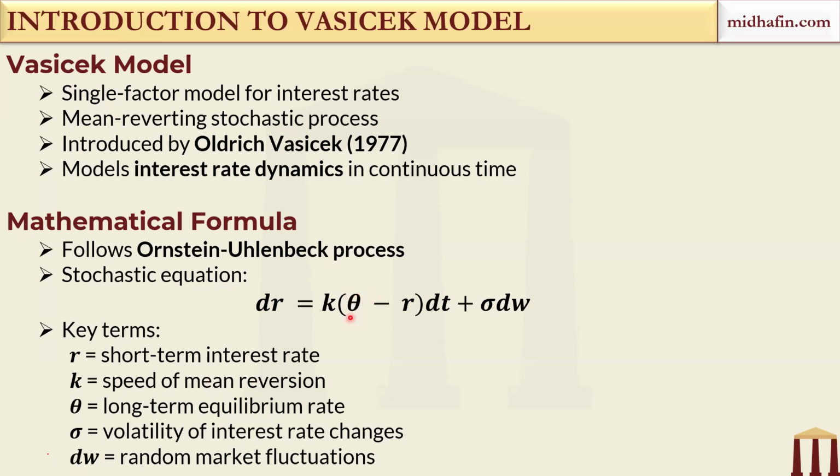Theta is that long-term average, the level of interest rates that we want them to return to. Sigma is the unpredictability in the interest rate movement, so basically volatility.